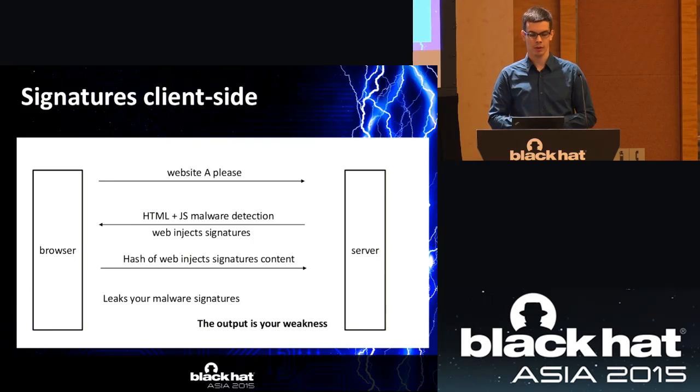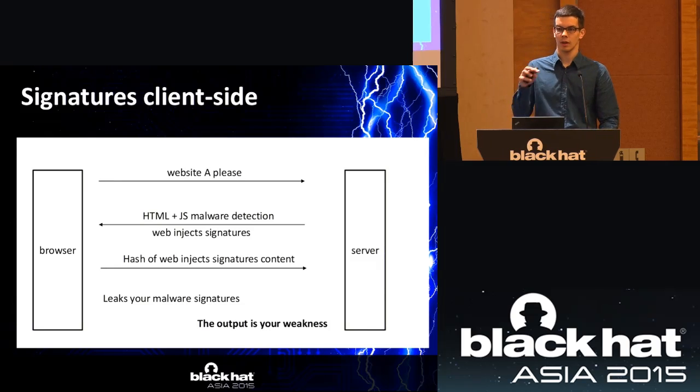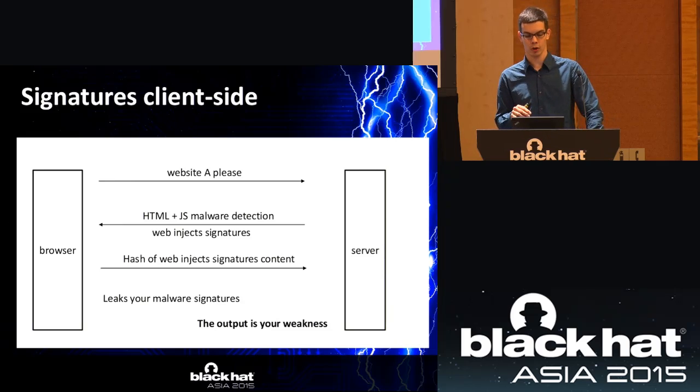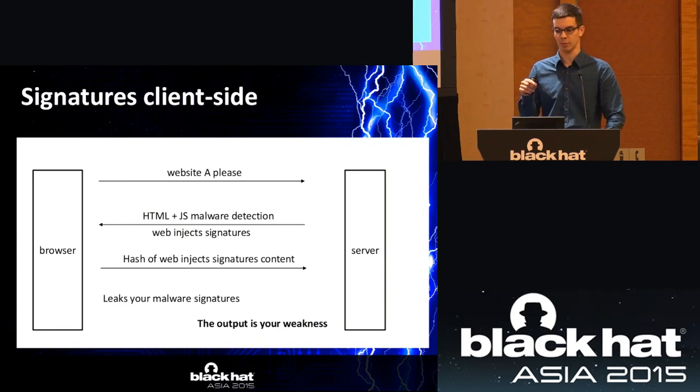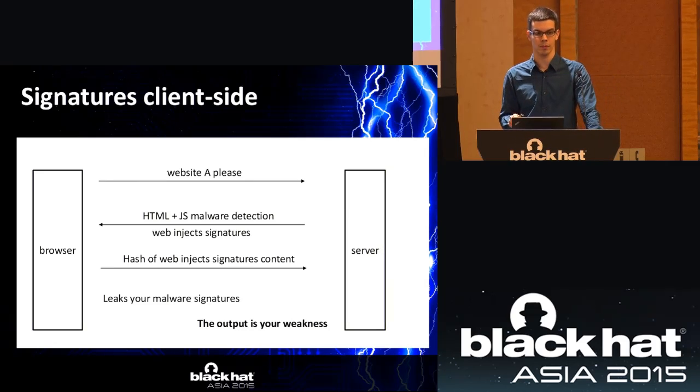Maybe a few words about what those signatures were. There were some string values, for example some function names, some variable names, which were checked inside the JavaScript code or HTML code of the site. If they were present there, it means that a particular web inject was detected on the user machine.